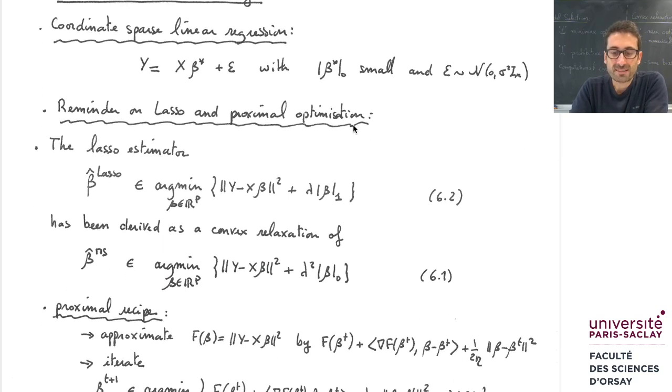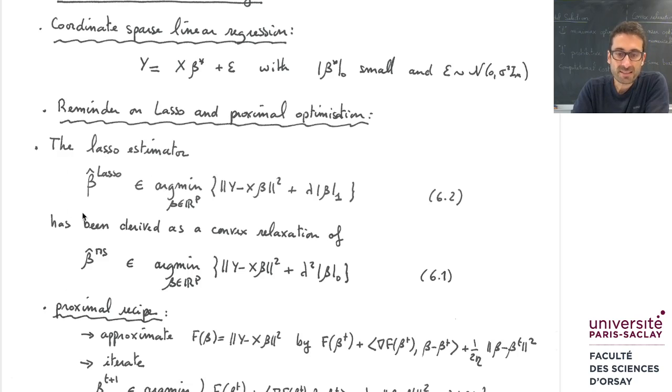So I remind you that the model selection estimator corresponds to this estimator where we want to solve this optimization problem that we are not able to solve because this term behaves in a very non-convex and non-continuous way. So the idea of convex relaxation is to relax this L0 pseudonorm by the L1 norm, and this gives us the lasso estimator.